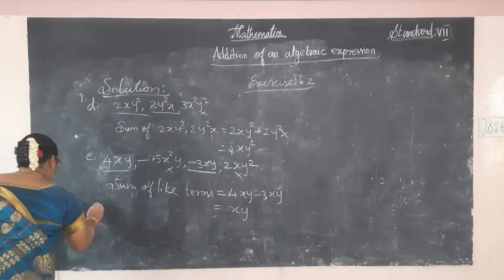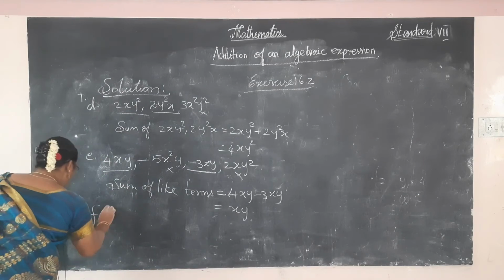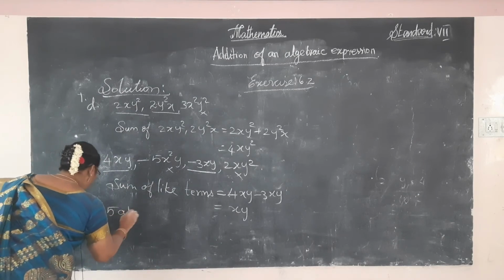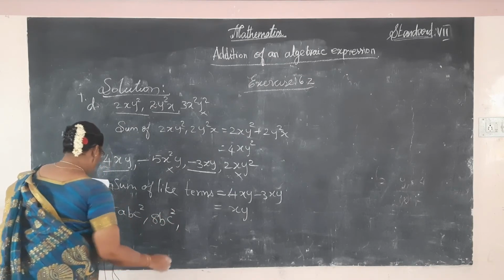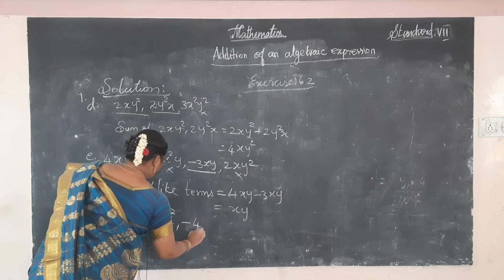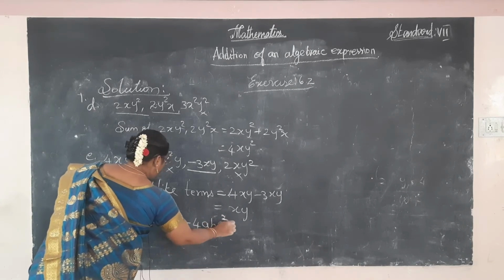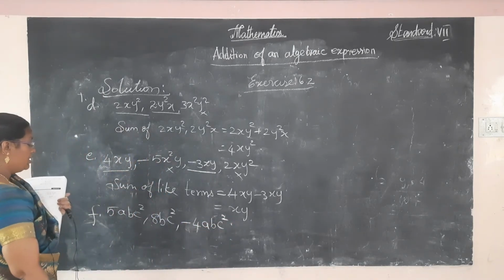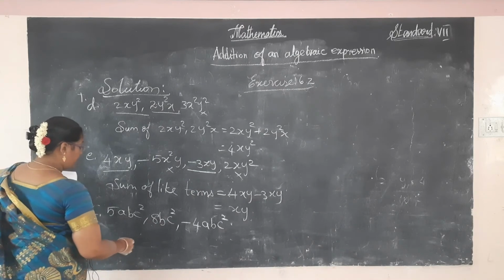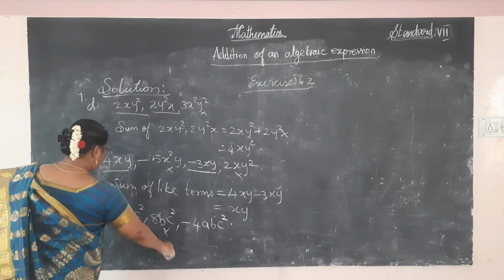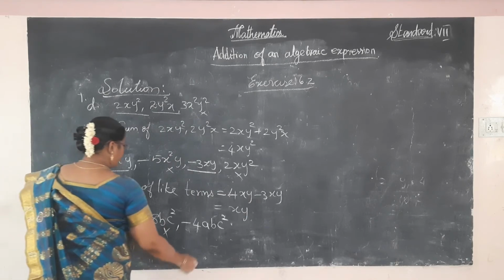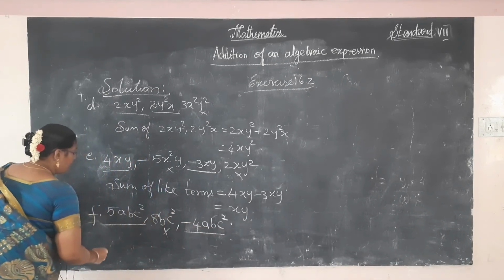And next one, F problem: 5abc squared, 8bc squared, minus 4abc squared, abc squared. What are the like terms here? abc squared, here abc squared only, a is not there. So these are all the like terms.